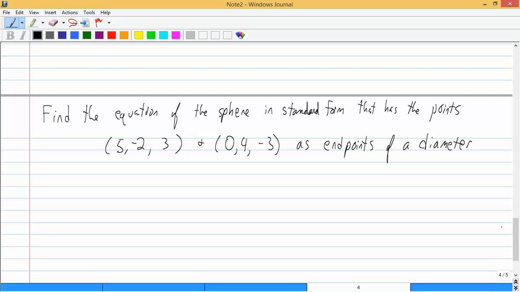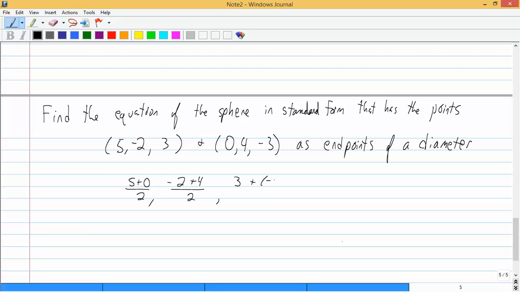Yeah, just add the x's together, divide by 2. Add the y's together, divide by 2. Add the z's together, divide by 2. So that would be 5/2. That would be, what would it be, 3 over 2?